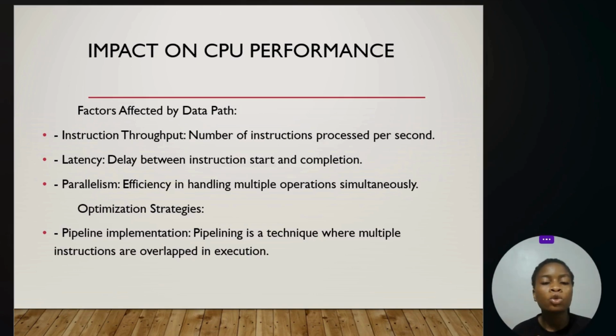So the time it takes to start or execute an instruction and the period it takes to complete it is the latency. Parallelism is the efficiency in handling multiple operations simultaneously.